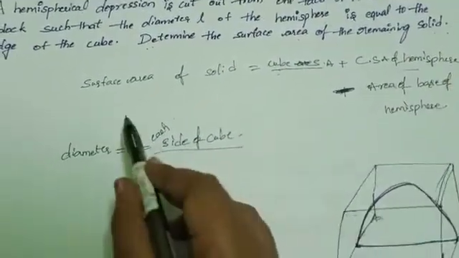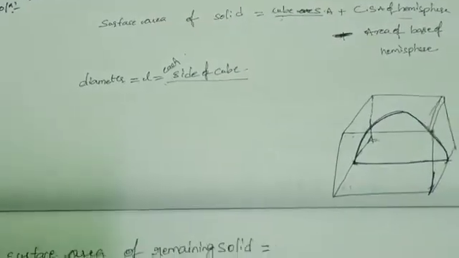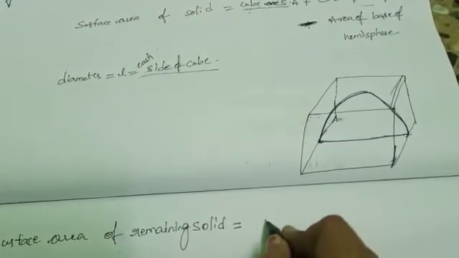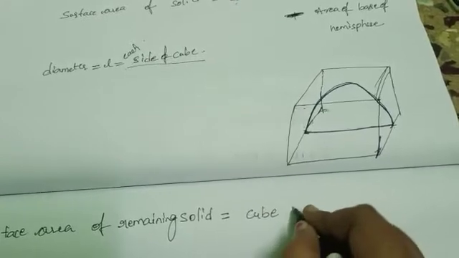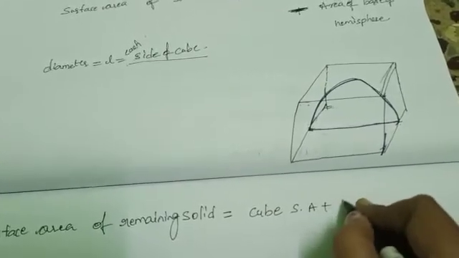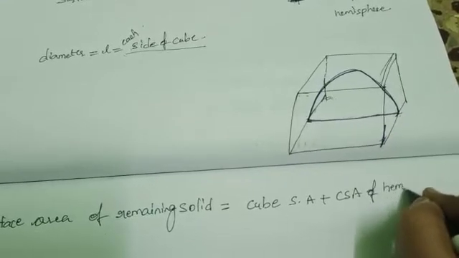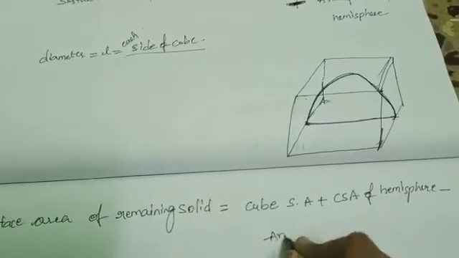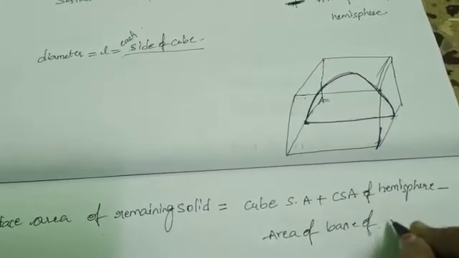Therefore, the surface area of the remaining solid equals the cube surface area plus the curved surface area of the hemisphere minus the area of the base of the hemisphere.